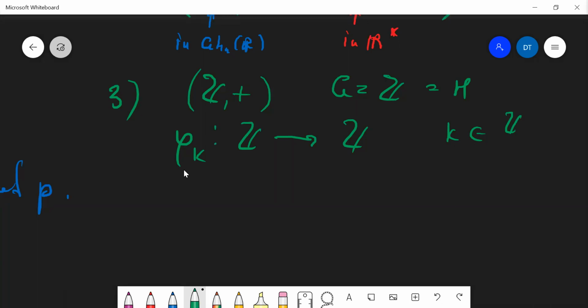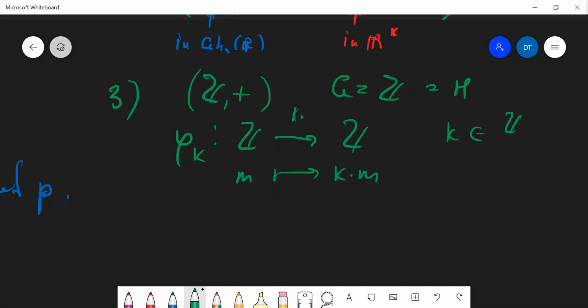So let's define the map phi_k, which takes an element m to the element k times m. So you just multiply by a fixed integer k. So this map is also a homomorphism.